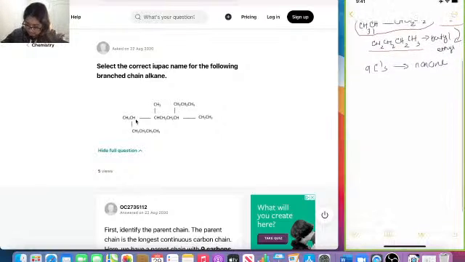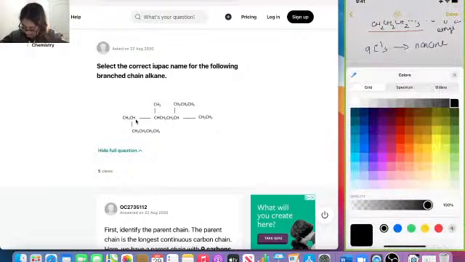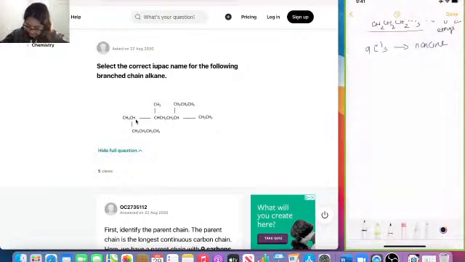And so what we're gonna do here, we're just gonna write our substituents down, okay? And so we have butyl, we have our methyl, and we have our ethyl.